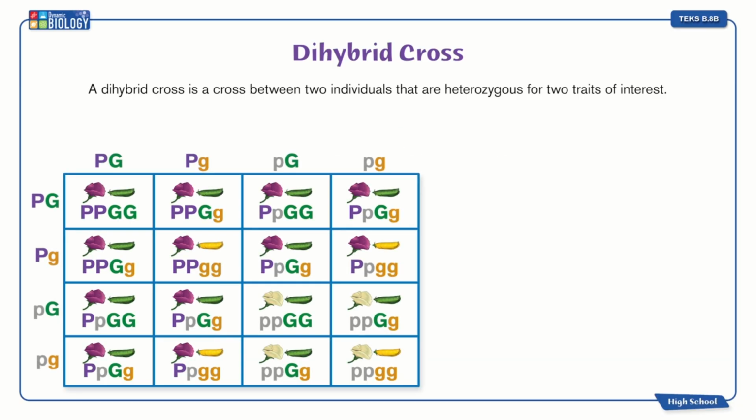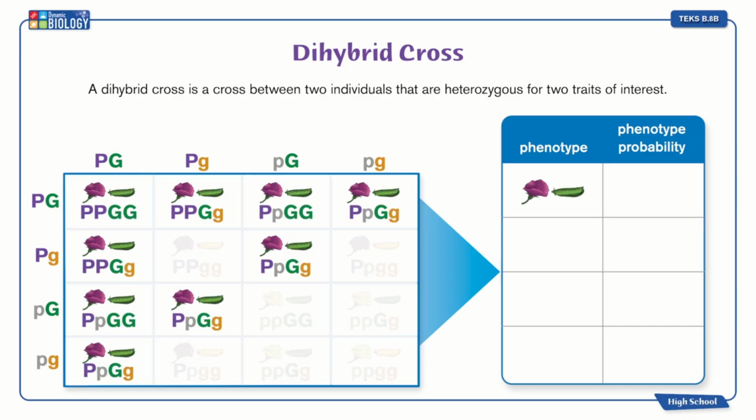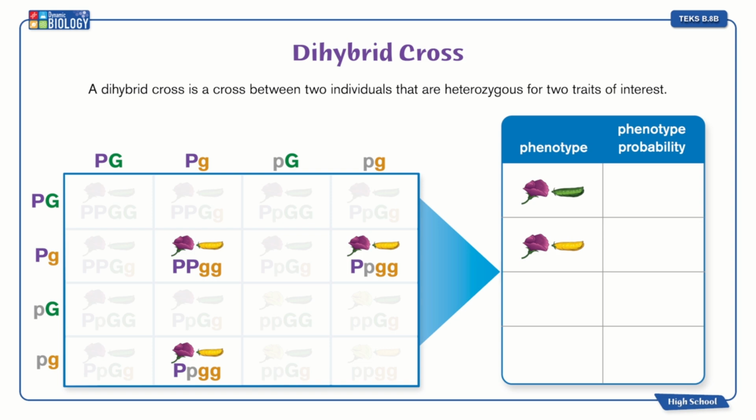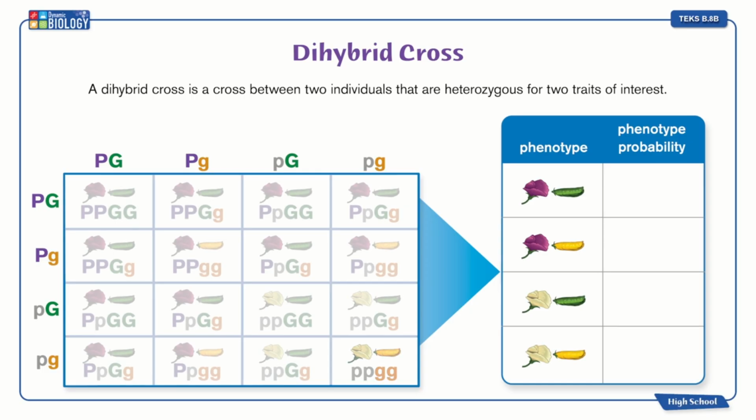As you can see in the Punnett square, this dihybrid cross results in four possible phenotypes: purple flowers with green pods, purple flowers with yellow pods, white flowers with green pods, and white flowers with yellow pods.